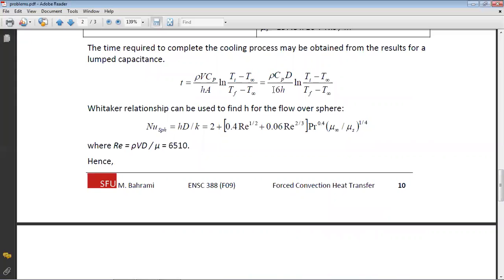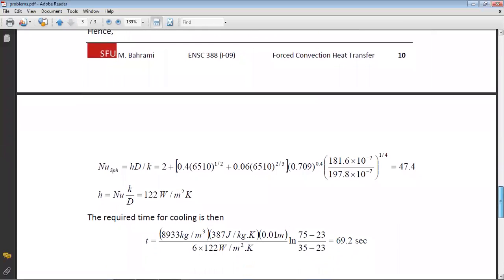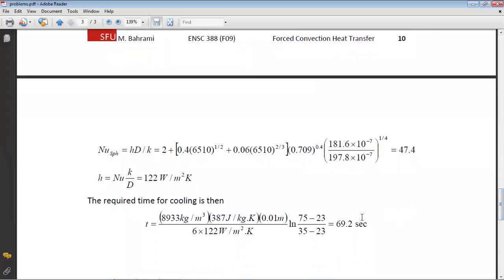Generally we used to take Ti minus T infinity in the denominator, but here it is appearing in the numerator because it is equated to e to the power minus hA upon rho CV. So that has been compensated by taking the reciprocal. The minus sign has been taken out. That is simple mathematics. So if you solve for the time, you'll end up with a value of 69.2 seconds.